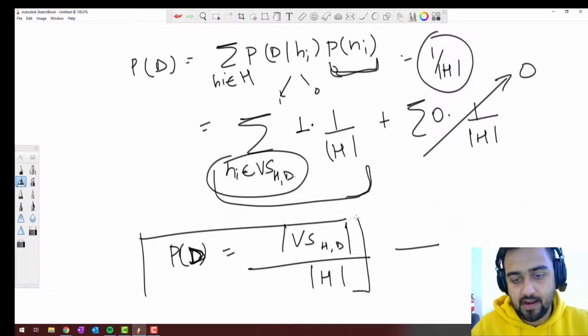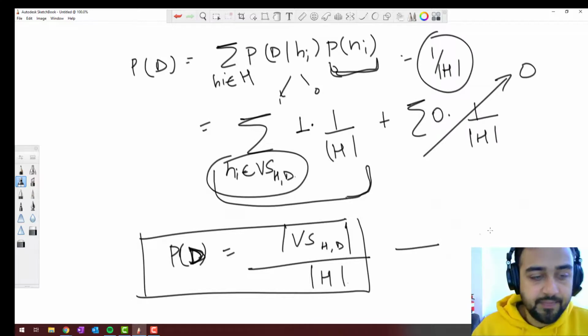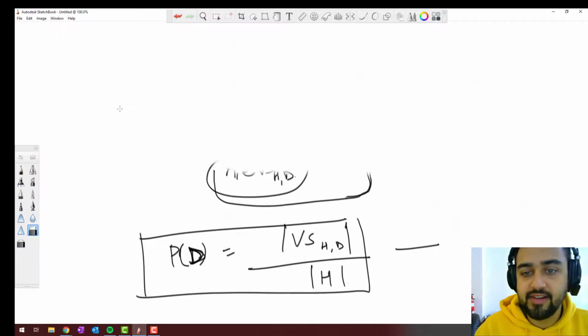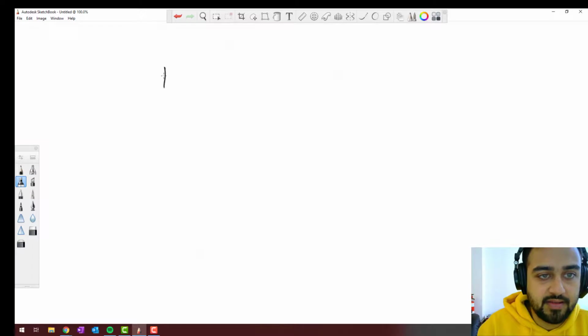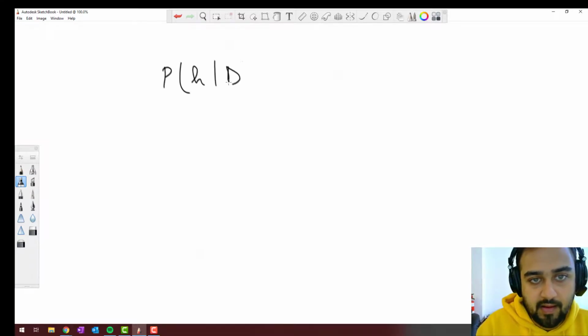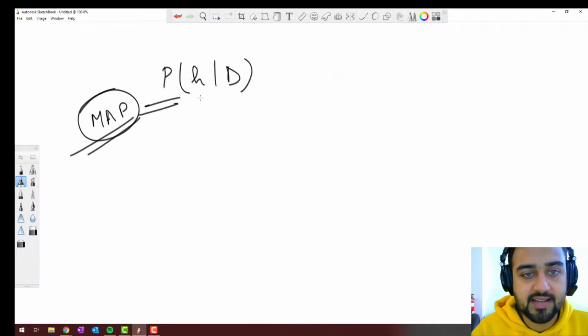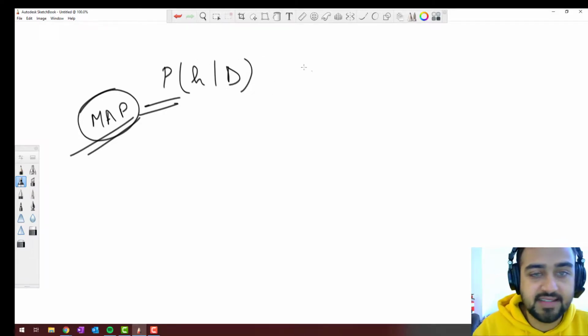Now, if we use these to find the posterior probability of the hypothesis given data, that means we had to find this, right? In MAP as well, maximum a posteriori, we want to find the maximum probability of a hypothesis H given the data.